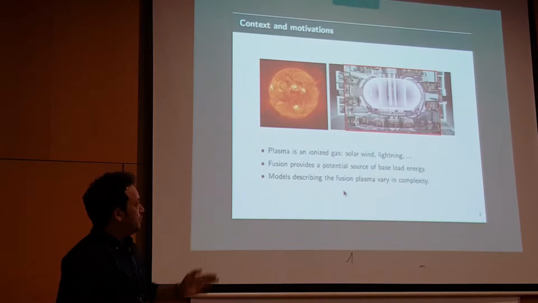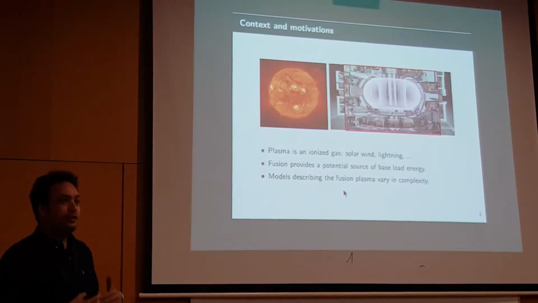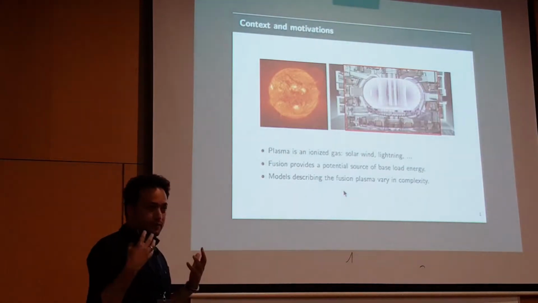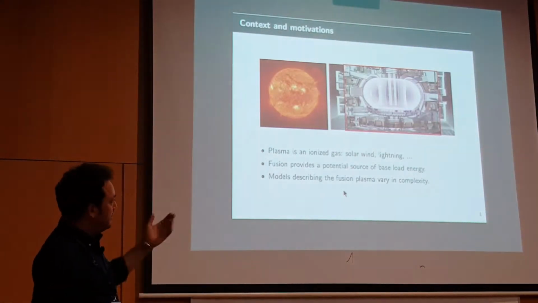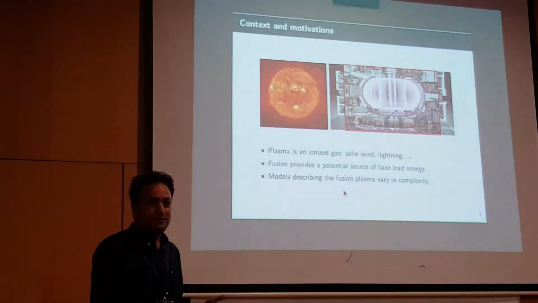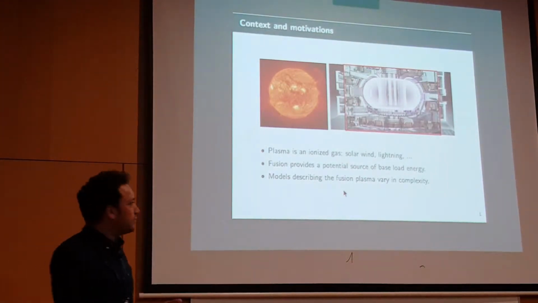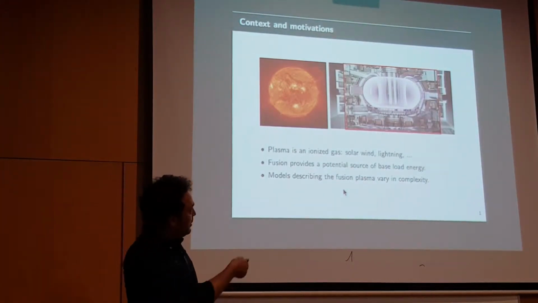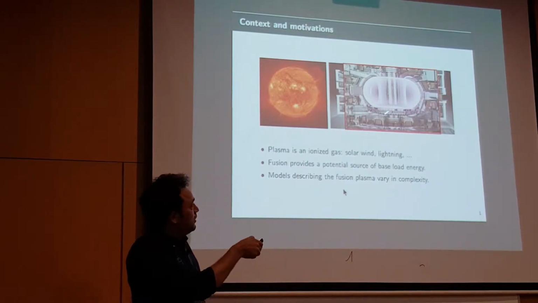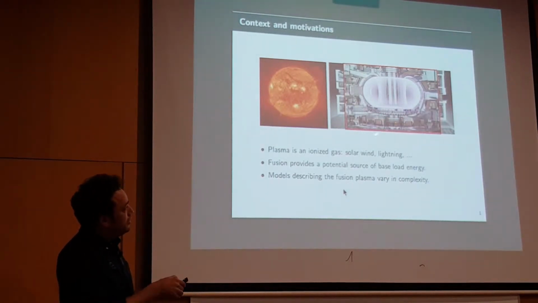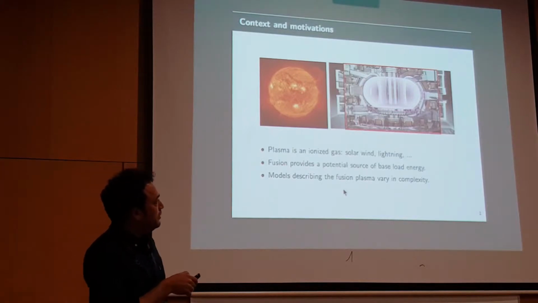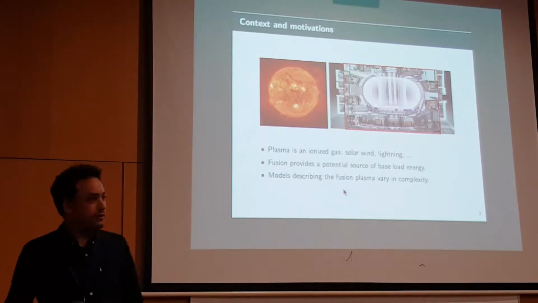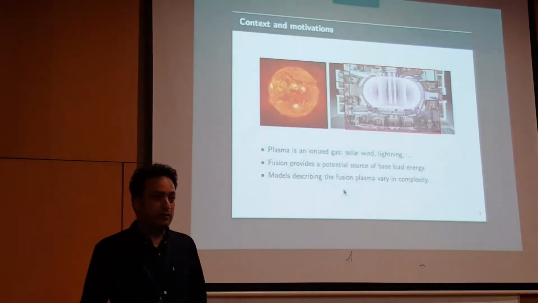In the sun, the plasma with fusion provides high energy, and we now want to reproduce this energy using fusion of plasma, for example, in this nuclear machine here, and this is a tokamak. It's quite a challenging subject in physics and also in scientific computing.